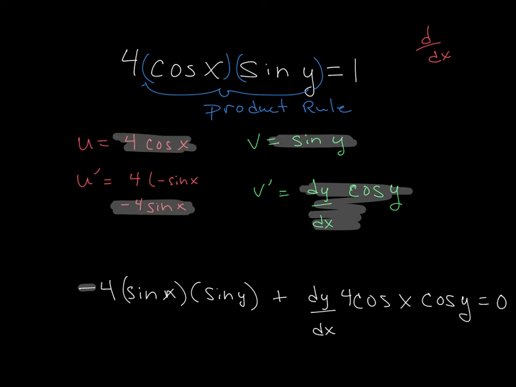And the reason that's equal to 0 is that the derivative of a constant is just 0. If this was anything other than a constant, you would have to take the derivative of the right-hand side as well.